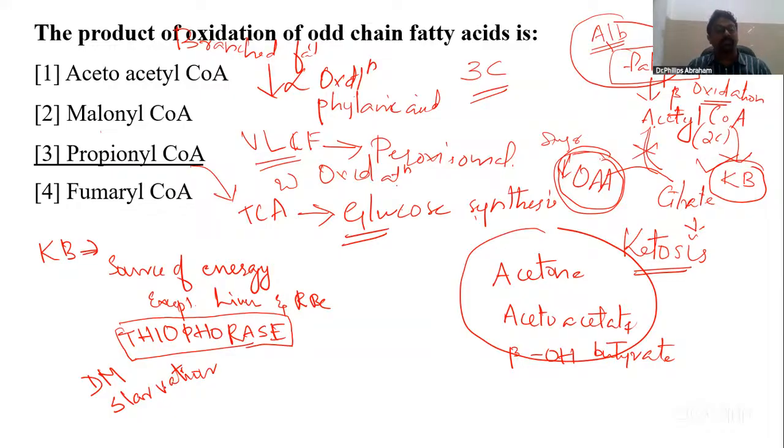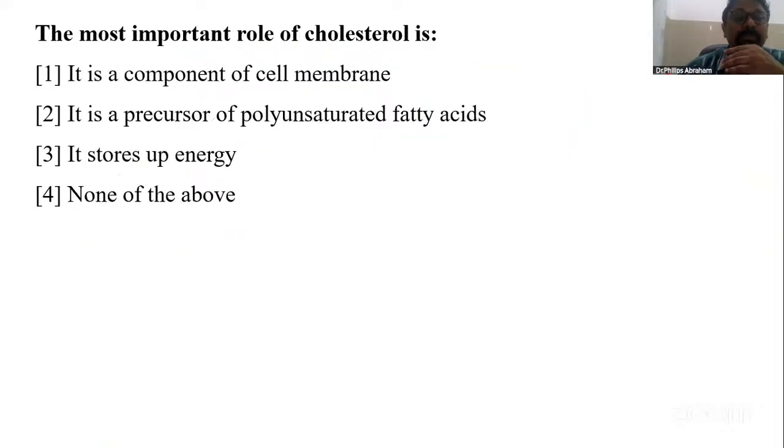This also happens in severe vomiting in the first trimester of pregnancy, which we call hyperemesis. In the first trimester, if they have severe vomiting, ketosis may occur at that time also. So I just started with fatty acid and went to the ketone bodies.